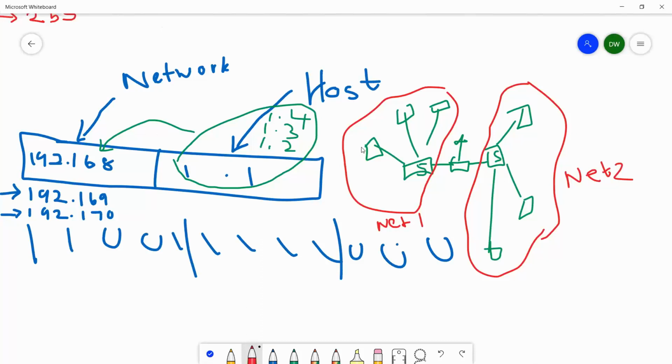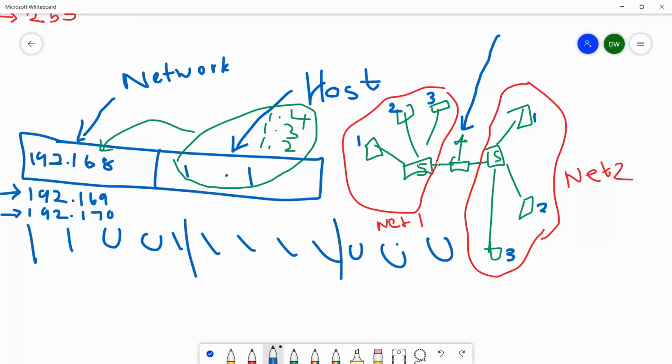For each of these machines, you need IP addresses. You need IP addresses to this machine, and this machine, and to this machine, and this machine, right? And here you have 2 separate networks, and when signals come to this place, you should be able to identify this side and this side separately.